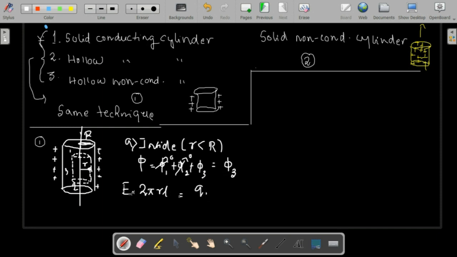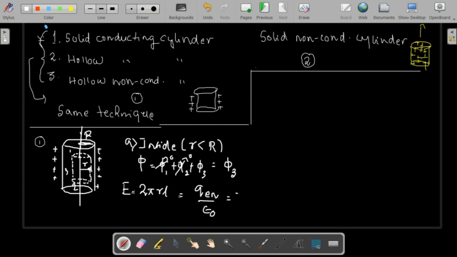Phi is the charge enclosed divided by epsilon naught. But if you look inside the Gaussian surface, since this is a solid conducting cylinder, a hollow cylinder or a hollow non-conducting cylinder, the charges are at the edges. There is no charge inside; this is an imaginary axis. That means the charge enclosed is 0.